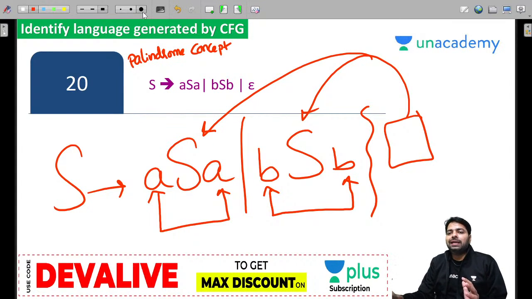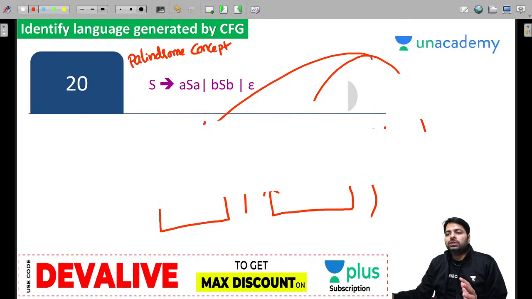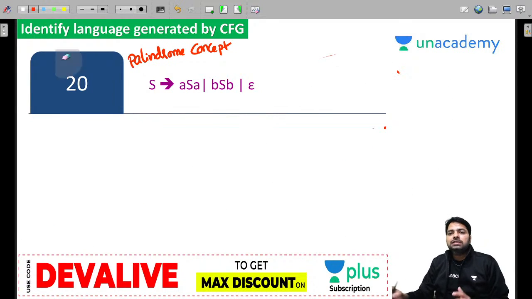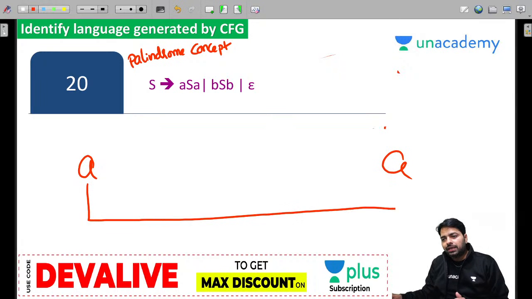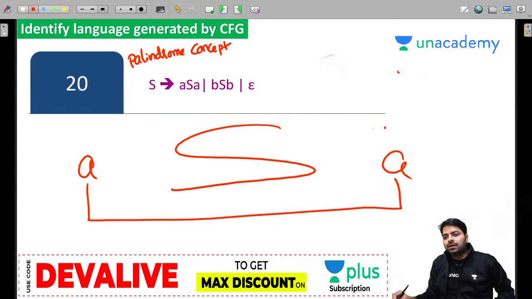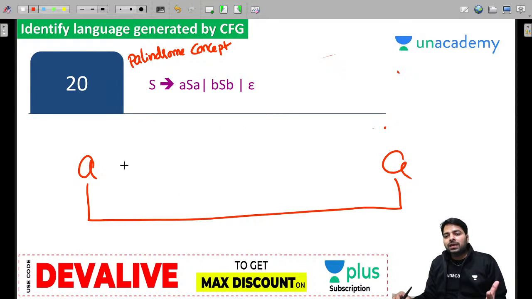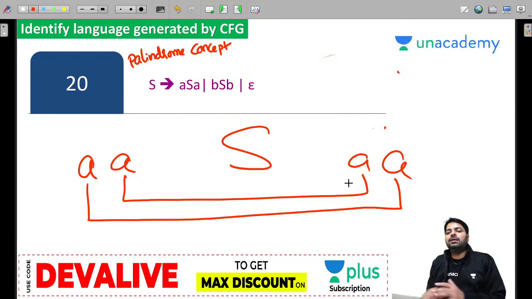How does that create the palindrome concept? Look at how, guys. Suppose you keep the first symbol as A, the last is going to be A. Yes or no? And here S is there. This S you can substitute again with ASA or BSB. It is your choice. Suppose I substitute ASA. A is here, S is there, so again this creates a palindrome concept.